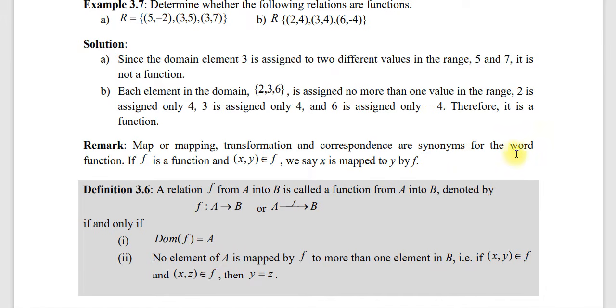Next there is a remark: map or mapping, transformation and correspondence are synonyms for the word function. Map or mapping, transformation and correspondence እነዚህ ወርዶች ከማን ጋር ተመሳሳይነት አላቸው ማለት ነው፣ function ከሚለው ወርድ ጋር ተመሳሳይነት አላቸው ይለናል። Okay, if f is a function and the ordered pair (x,y) is an element of f we say x is mapped to y by f.